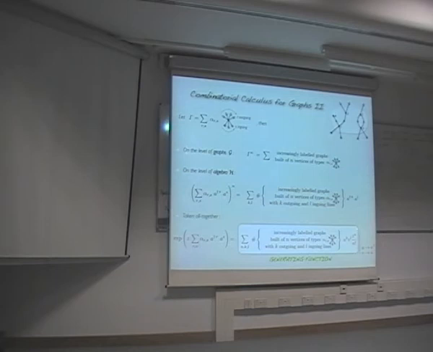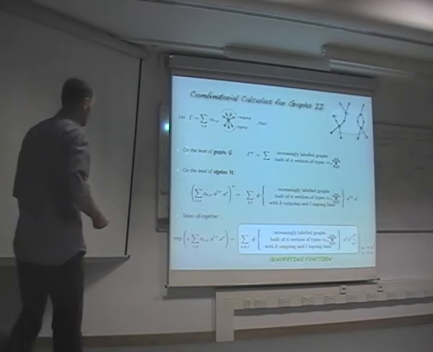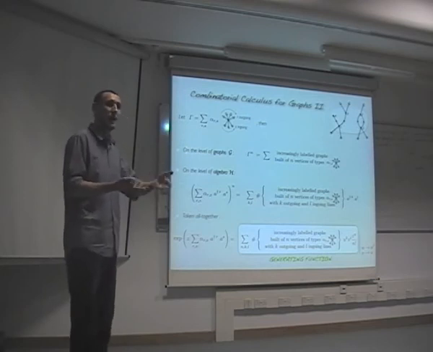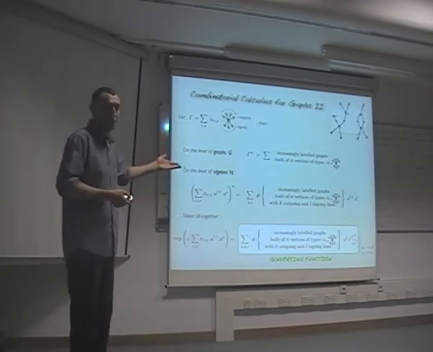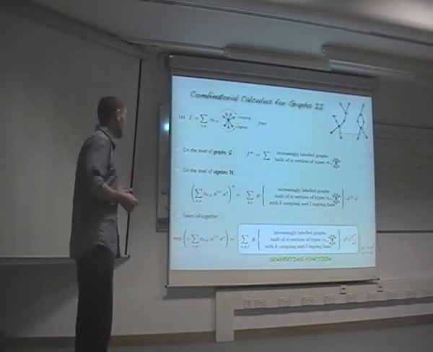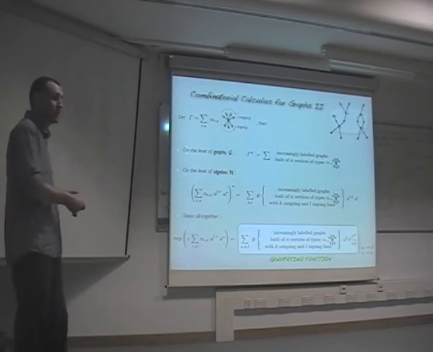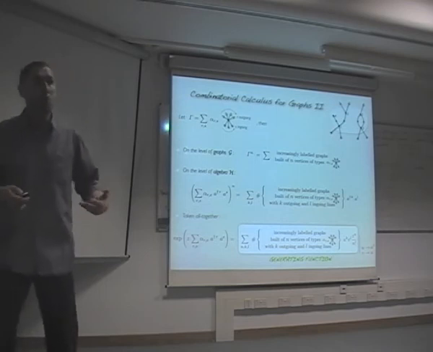Here z marks vertices, u marks outgoing lines, which later on will be replaced with a dagger, and v marks ingoing lines, which are annihilators, which come from the bottom. So exponentiation in Heisenberg-Weyl algebra comes down to enumeration of increasingly labeled graphs, which I described, which are built of vertices of types given by this initial choice of an operator or an expression, which is given here. So why am I talking about this?